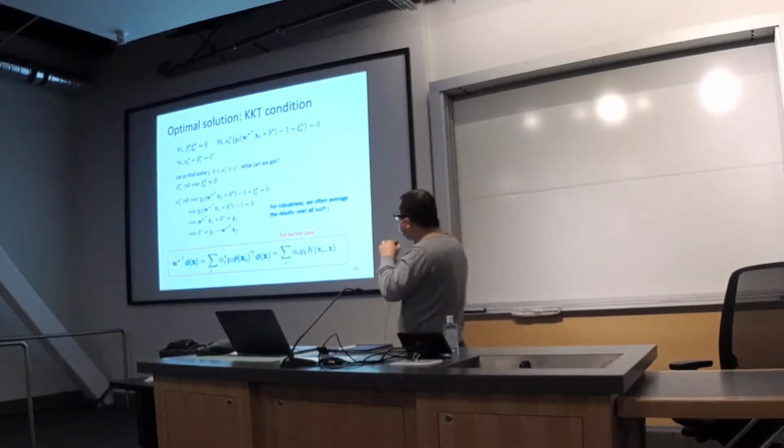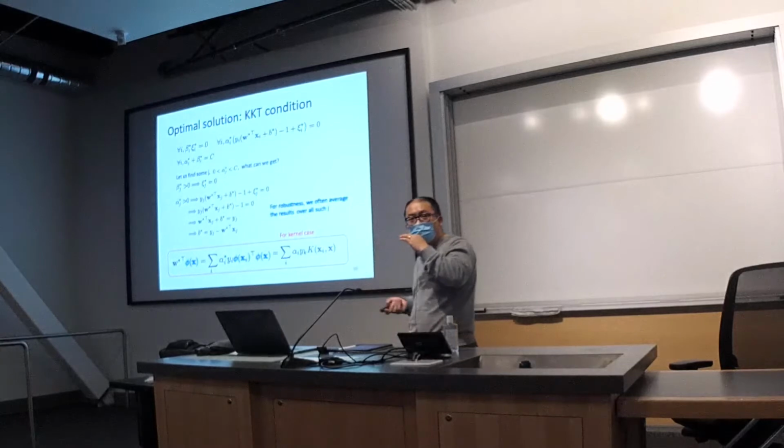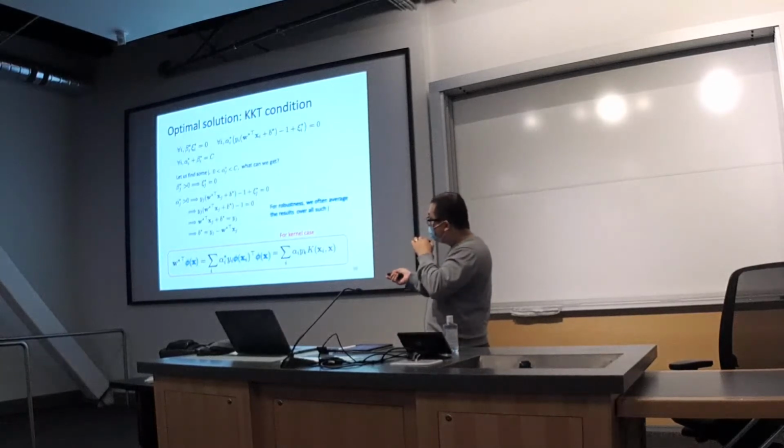This is the same trick as we used during the prediction step. This inner product can be written as a summation over all the training examples, where each summand is just alpha_i y_i times the kernel function between the training example x_i and the test example x. The same thing here, except that you replace x by x_j. That's it, and then you get b.